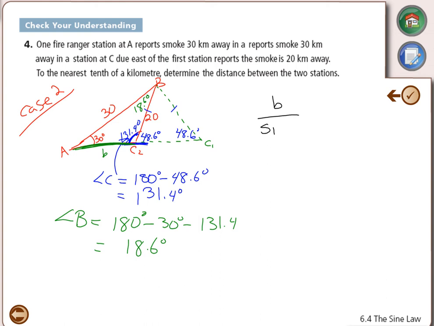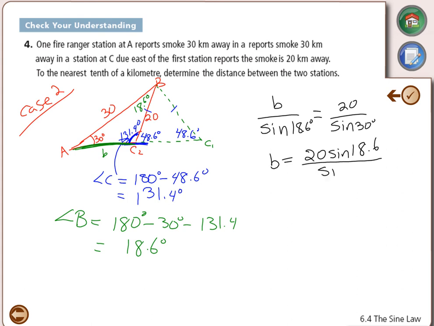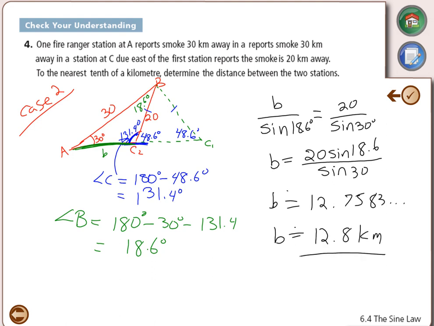So b over sine of angle B equals, let's use the 30 again, so 20 over sine of 30. That gives us b equals 20 sine 18.6 over sine of 30. Punching that into the calculator, we're almost done. 12.7583... So 12.8 kilometers.